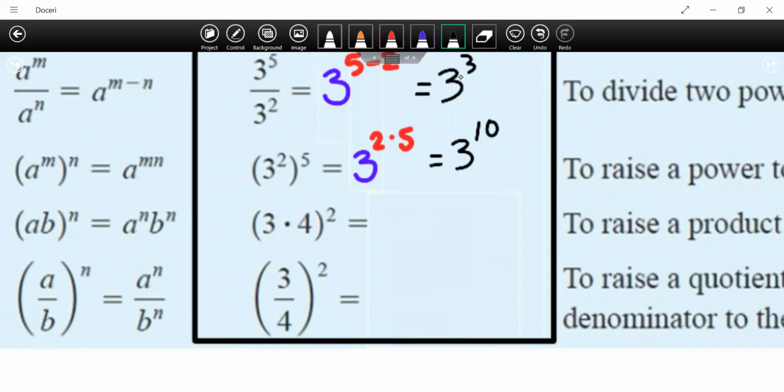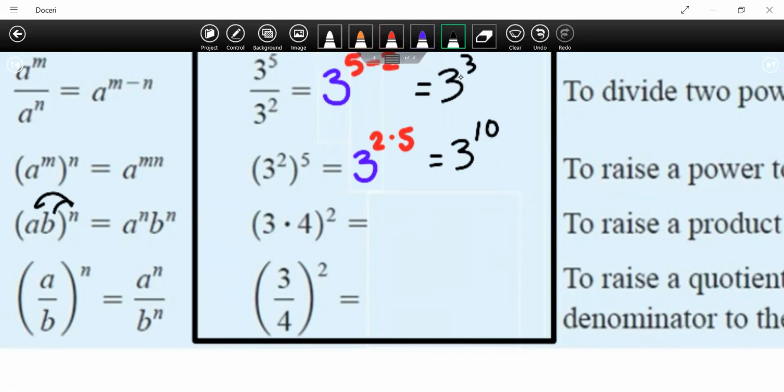Multiplying two different bases, or in this case, your base number consists of two different factors, you can distribute the outside exponent to each value inside the parentheses. So it'd be like distributing this n to the a, n to the b.